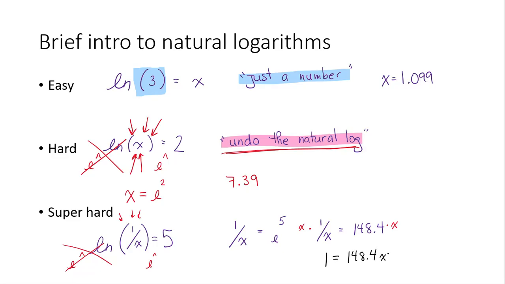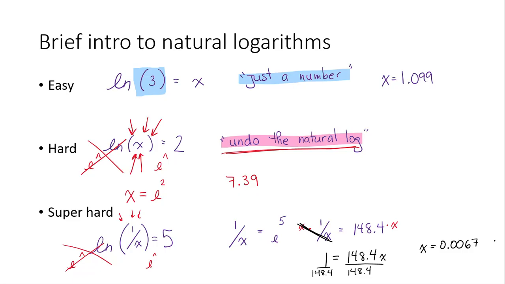I multiplied both sides by x to get x out of the denominator. Then I'm going to divide both sides by 148.4. x is equal to 0.0067. So again, if this is hard, pause here and get some help before I start showing you the chemistry part of things.